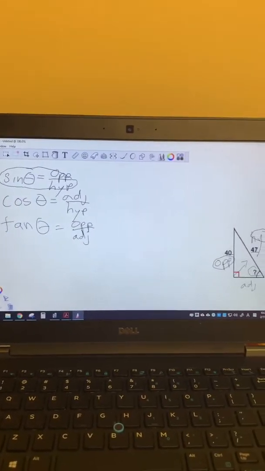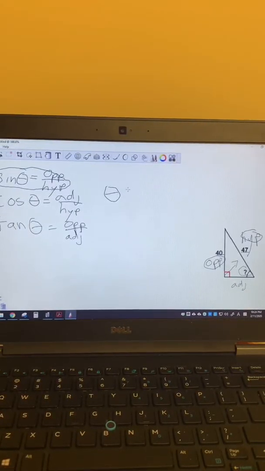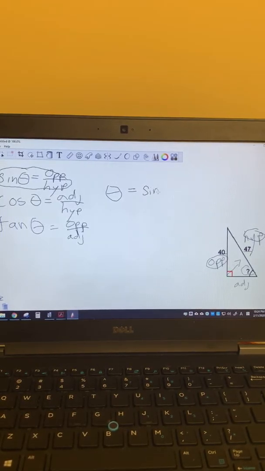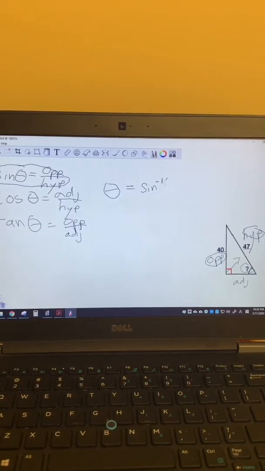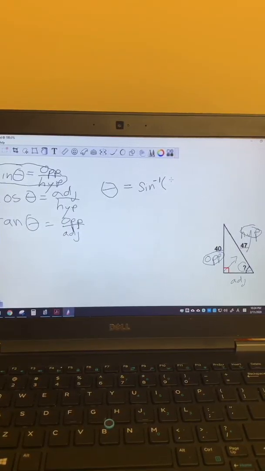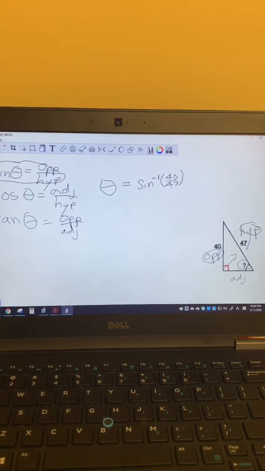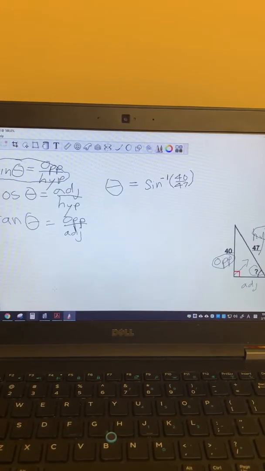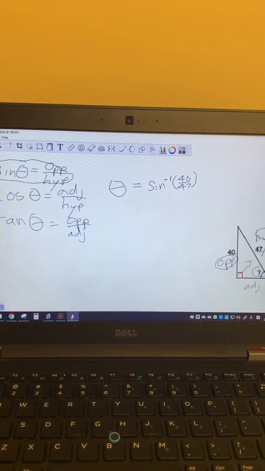So we're looking for the missing angle, so missing angle theta is equal to the inverse sine, like a -1 exponent, inverse sine of opposite over hypotenuse, so 40 over 47. All right, so now if we plug this into the calculator, we will find out what the missing angle is.